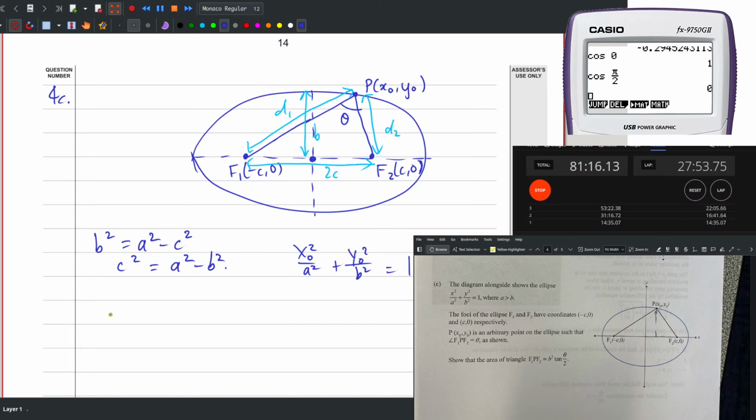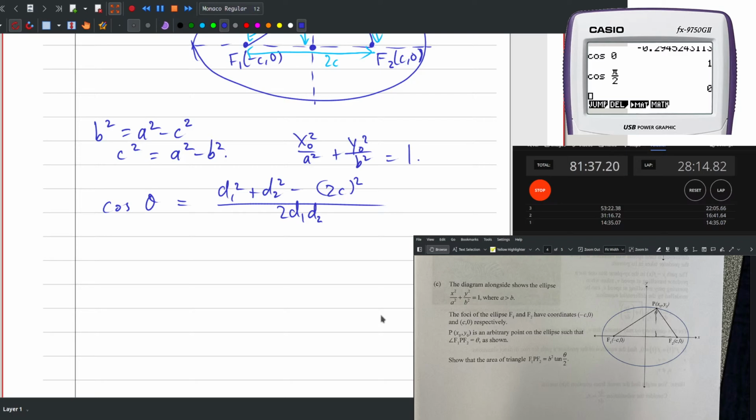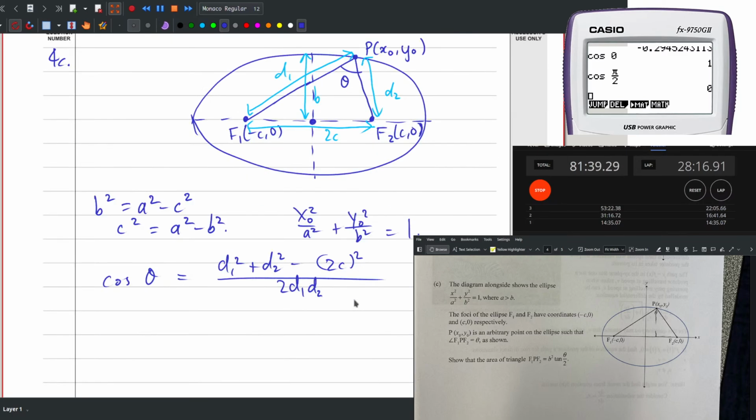So cos of theta equals d1 squared plus d2 squared minus 2c squared over 2d1 d2, right? But that gives you theta, not theta on 2, so it's kind of weird.